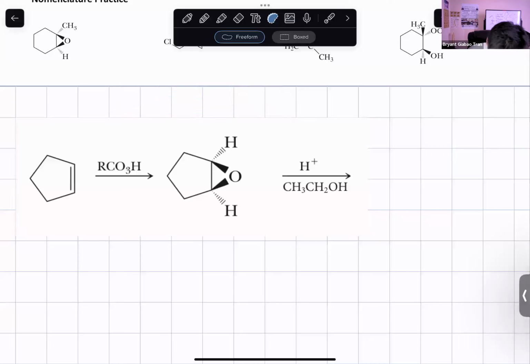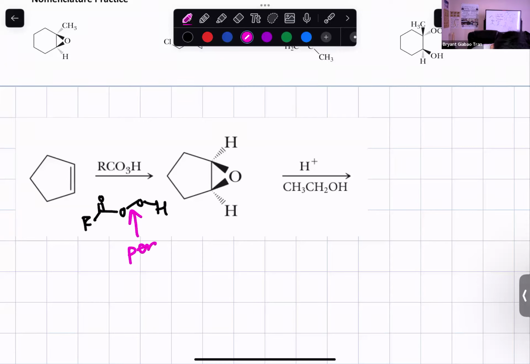So when you have an alkene on the molecule like this, and you see RCO3H, which looks like this, this is a peroxide bond, which is super unstable. Because it's super unstable, it's super reactive.